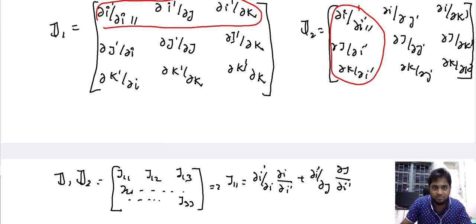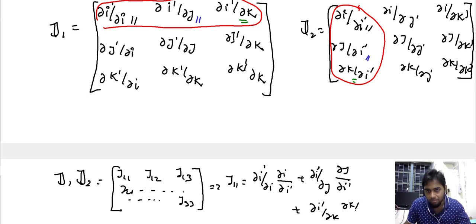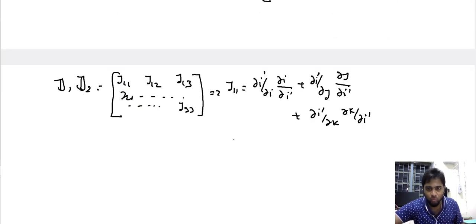The second is, we sum it up with the product of this term and this term, and finally we sum it up with the product of this term and this term. And when we do that, what we end up having is something like this. So we have dou I prime, dou j and dou j, dou I prime. And finally the final term that we have is dou I prime by dou k and dou k by dou I prime. So this is the expression for the first element J11.